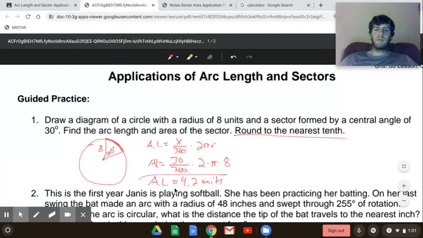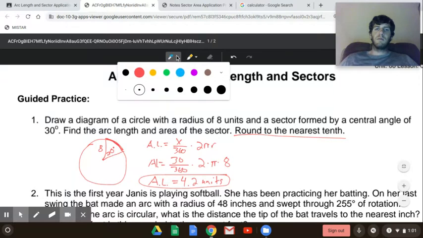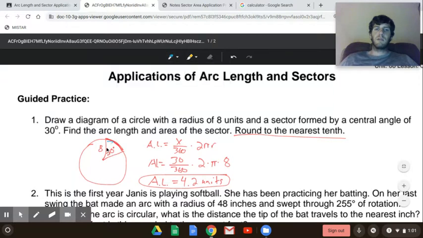Then they want us to find the sector area, so that's this area here. Again, sector area is going to equal the portion of the circle we're looking at, x over 360, times the area of the whole circle, which is pi r squared.